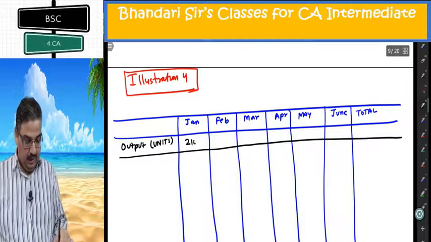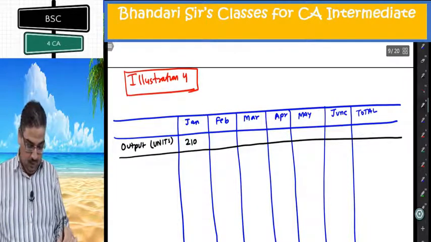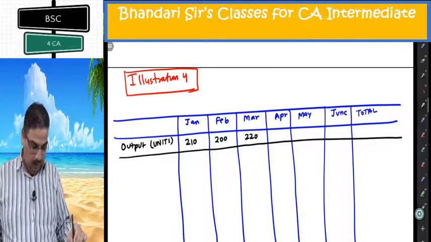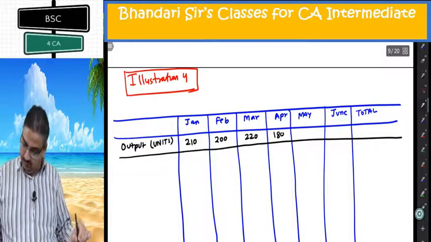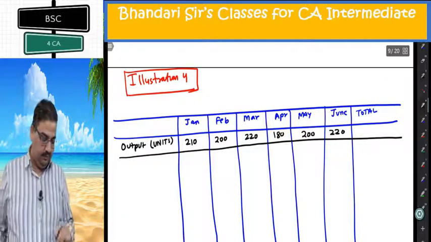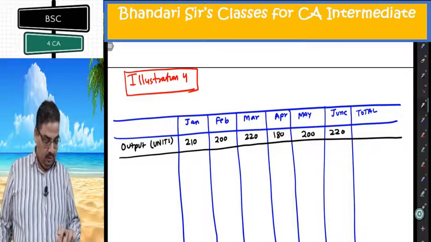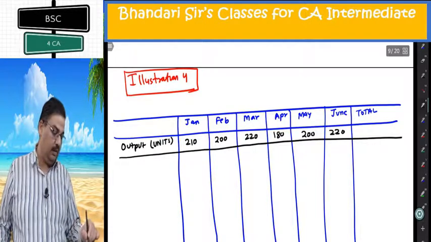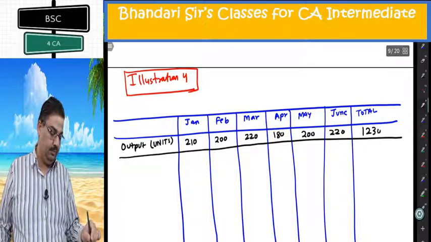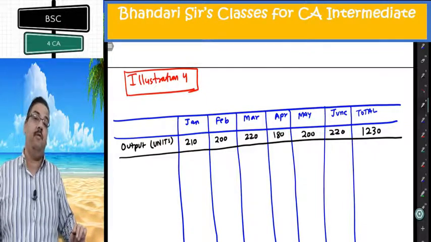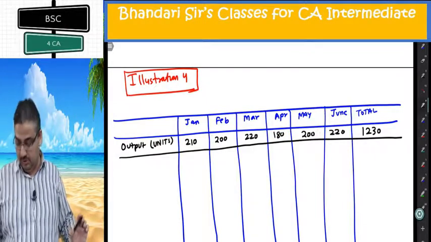January 210, Feb 200, March 220, April 180, 200 and 220. If I add them all, 1230 is the total. Aggregate of 6 months is going to be production of 1230 units.